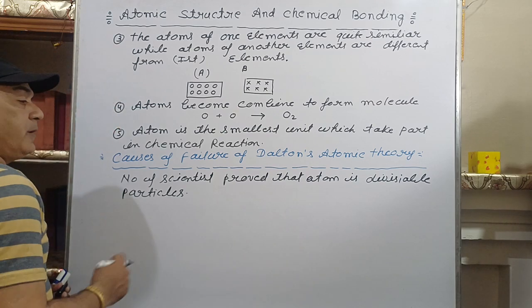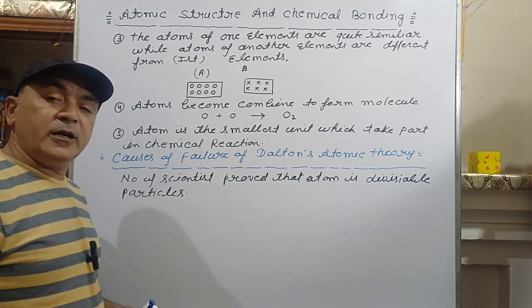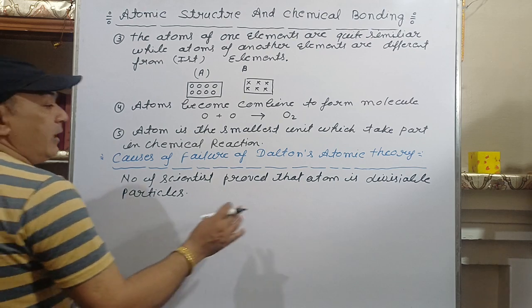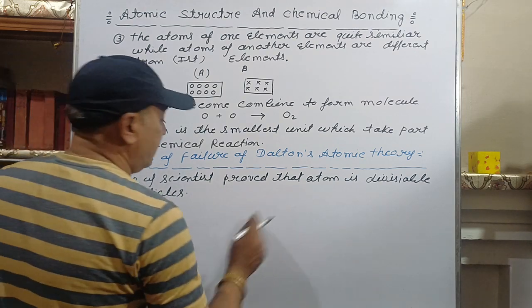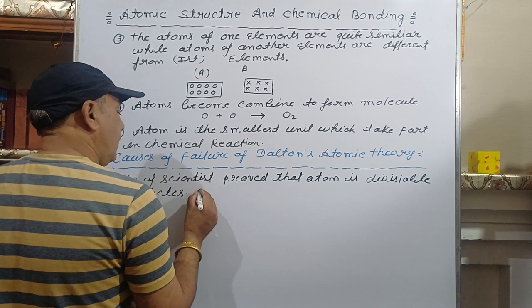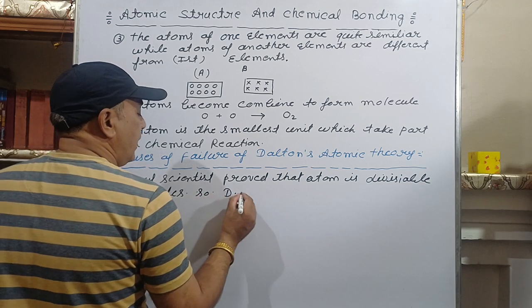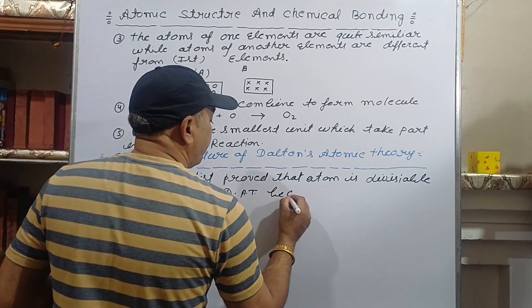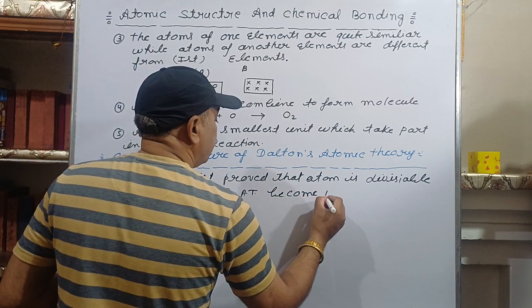These are the main experiments which proved that the atom is a divisible particle. So Dalton's atomic theory failed.